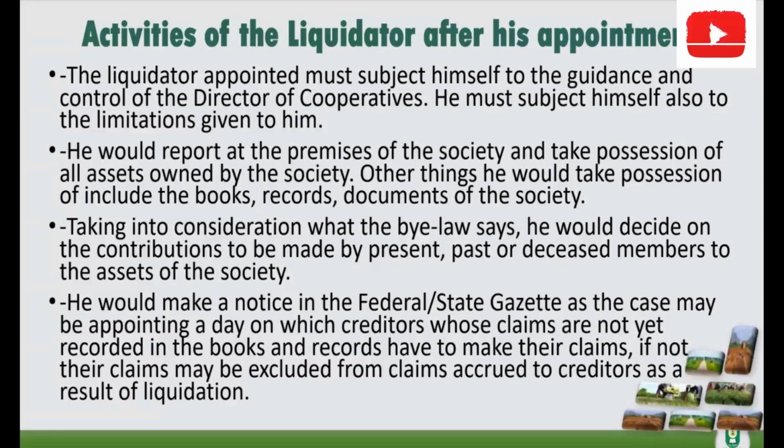He would make a notice to the federal or state gazette, as the case may be, appointing a day on which creditors whose claims are not yet recorded in the books and records have to make their claims. If not, their claims may be excluded from the claims accrued to creditors as a result of liquidation.